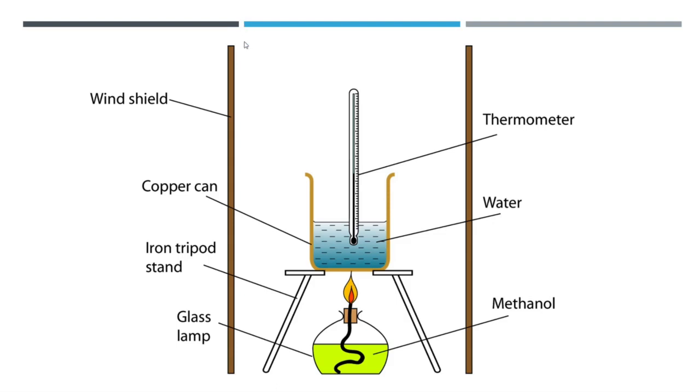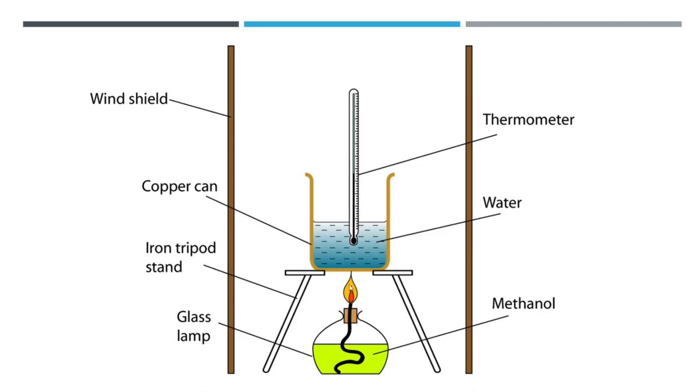There's a couple of things I want to also address while we're looking at this image. We also have something called a windshield, sometimes referred to as a heat shield. This tries to keep as much of the heat energy within the experiment as possible. What we want to do is avoid any heat being lost to the surroundings.